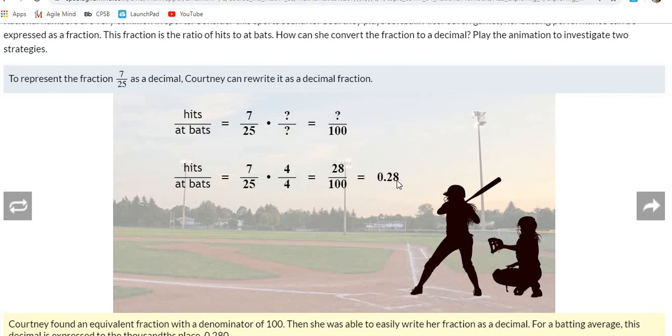So 0.28 is the equivalent decimal to the fraction. So this goes to problem 5A, this work right here. So take a minute to copy that down.